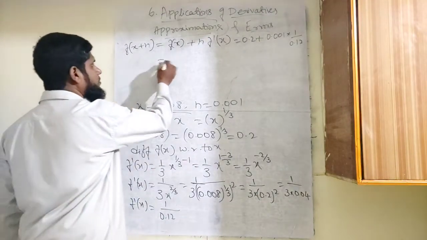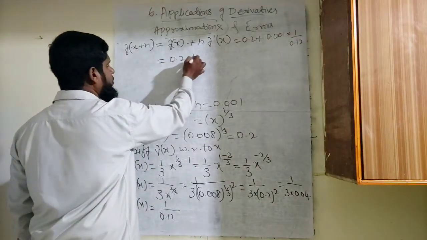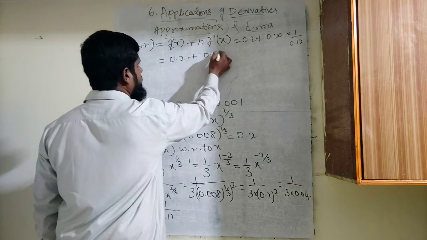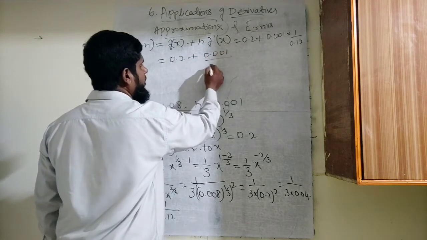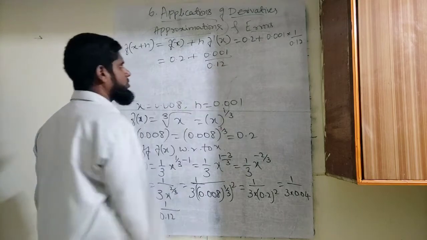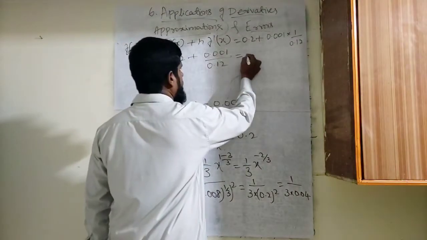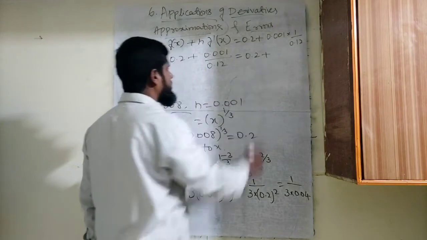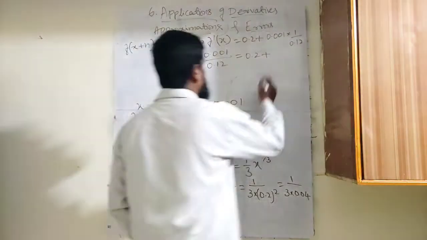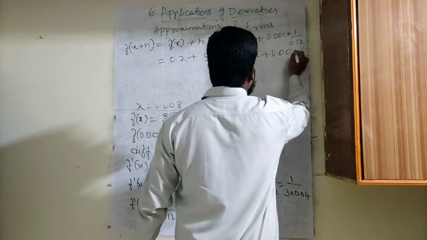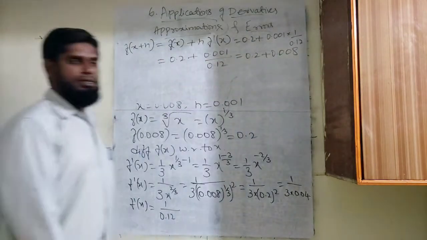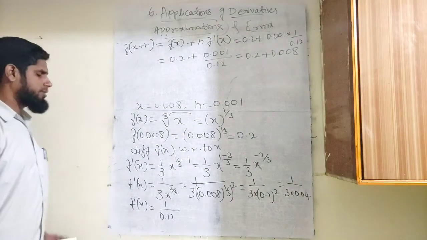So this can be written as 0.2 plus 0.001 whole divided by 0.12. So this can be written as 0.2 plus 0.008. Okay, three digits I have taken here.